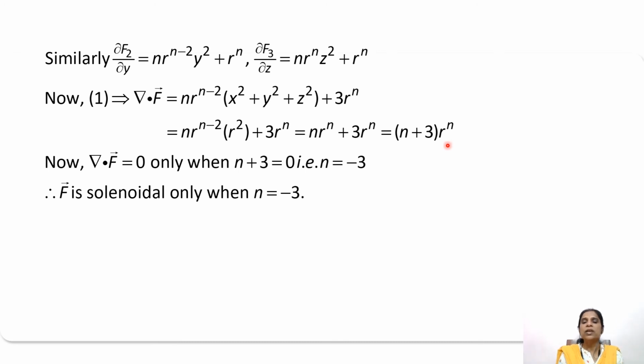Other than the origin, this is 0 only when n is equal to minus 3. Therefore, we can say divergence of f is 0 only when n + 3 equals 0, which means that n is equal to minus 3. Therefore, f is going to be solenoidal when n is equal to minus 3.